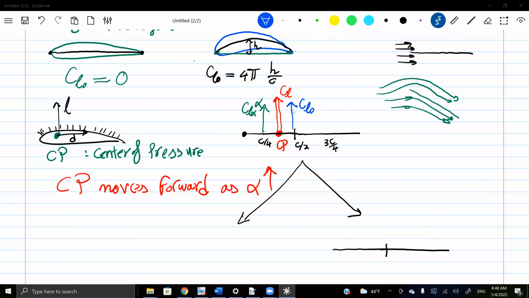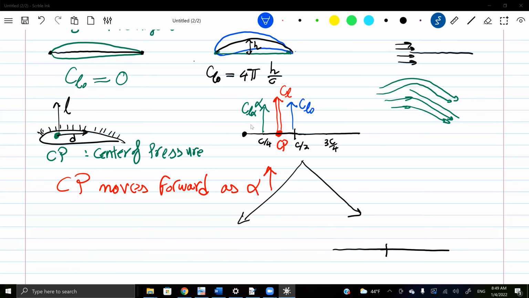Well, I have two contributions, right? CL naught in blue and CL alpha alpha in green, and I can transfer both to any point I like. And when I transfer a force, it goes with a force and moment, as you guys know. So let's transfer everything to the half chord. Well, CL naught is already at the half chord.